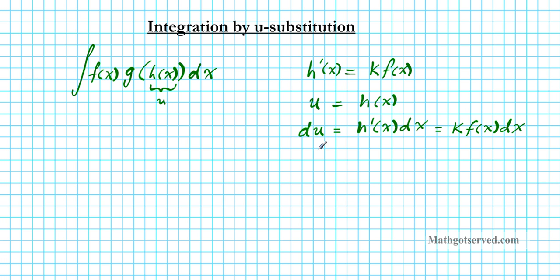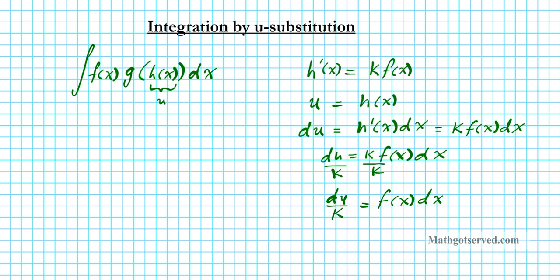Okay, so if du is equal to k times f of x dx, then we can just isolate f of x dx by dividing both sides by k, and then du over k will be f of x dx, right?